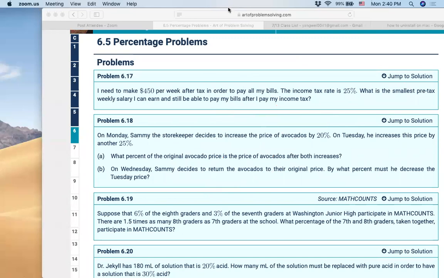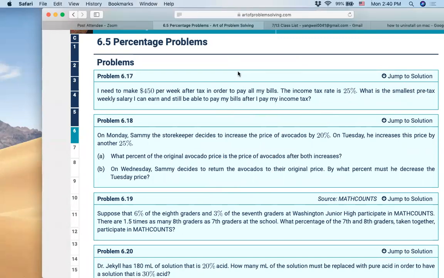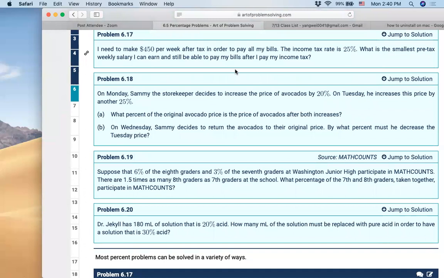Now let's see 6.18. Say this problem: on Monday, Sammy the storekeeper decides to increase the price of avocado by 20%.